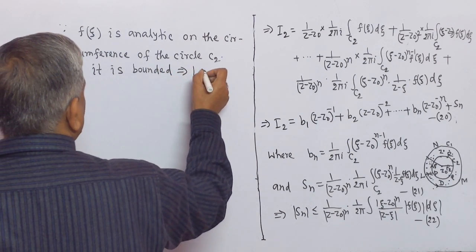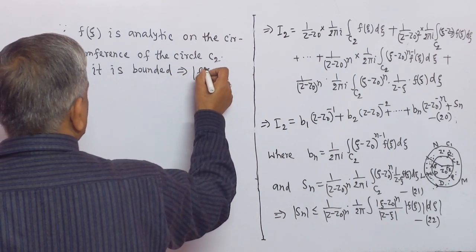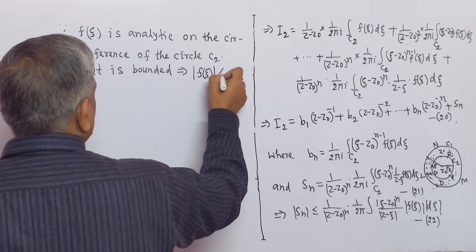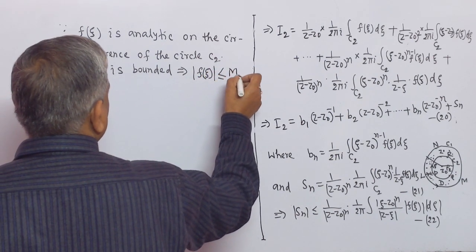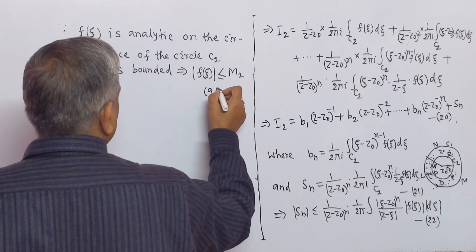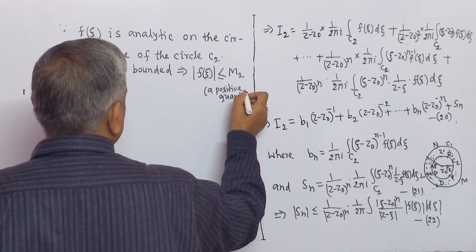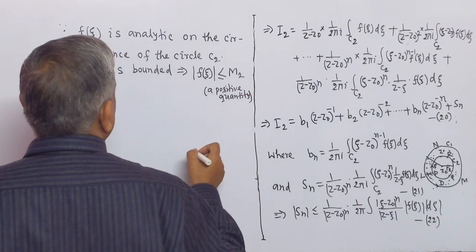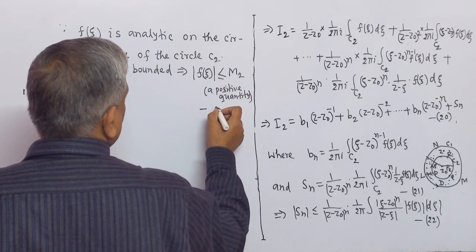Implies that modulus of function of xi less than equal to m2. m2 is a positive quantity. Let this be number 23.